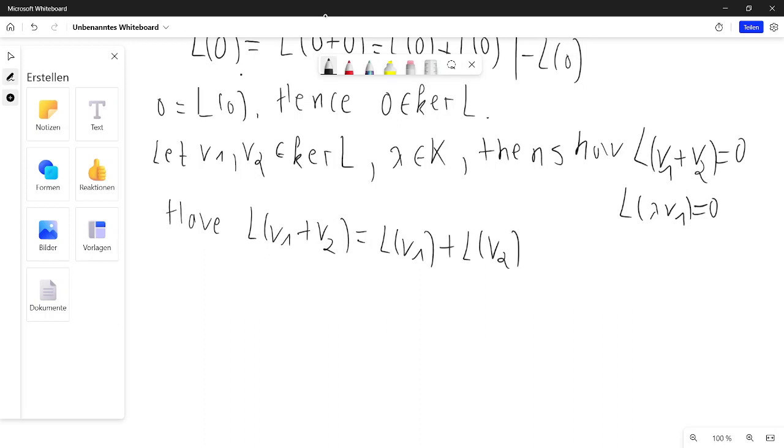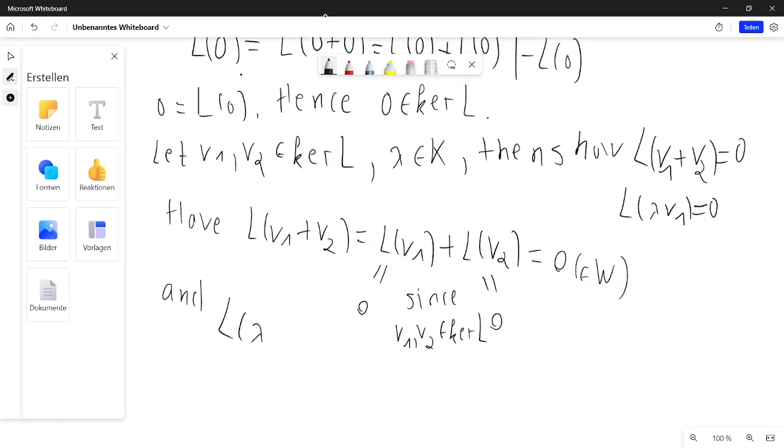We get that, and this is 0 since v1, v2 are in the kernel of L. It was how the kernel of L was defined, that the application of the map to an element of it is exactly 0, the zero in W, of course. And L(lambda v1) is equal, again, just use linearity.